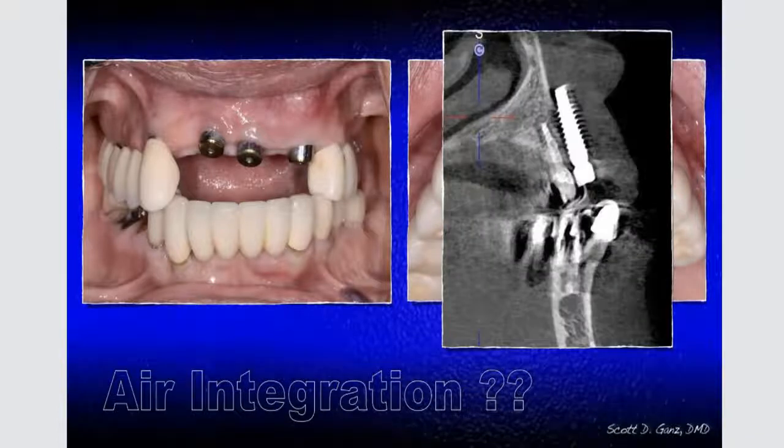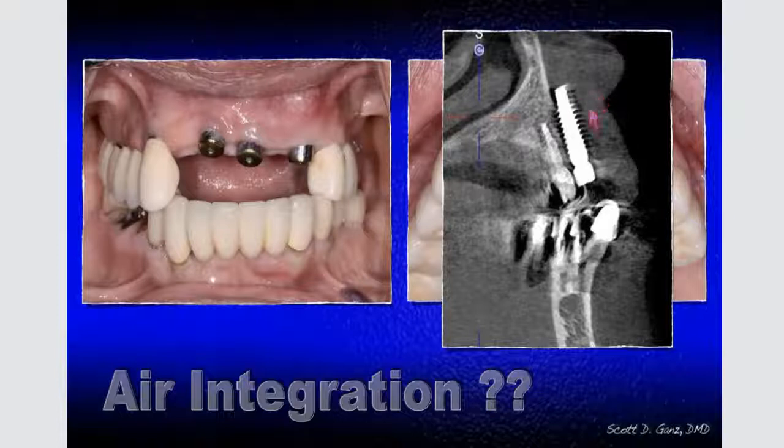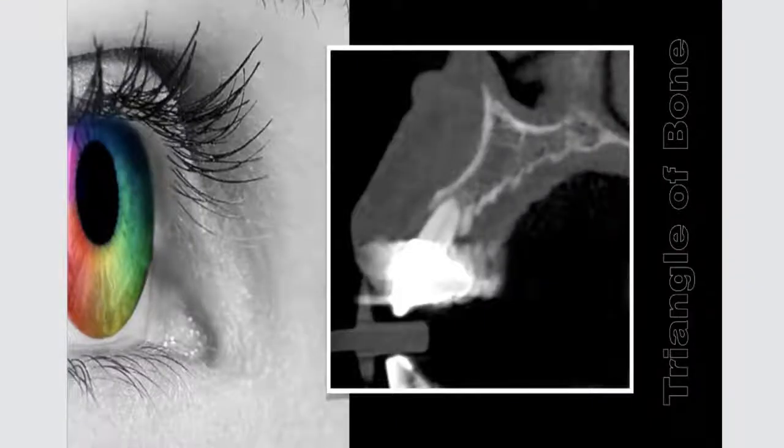Or are you going to take an ISQ measurement and determine, in fact, that this implant on the right-hand side is not even in the bone? We call that air integration, not osseointegration. So we want to avoid air integration. And so if you went and you tried to take an impression of this implant, I think you probably would have had a problem. Again, this was from social media.